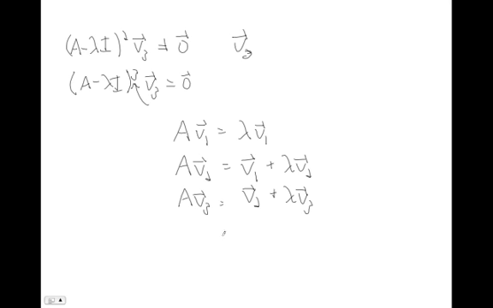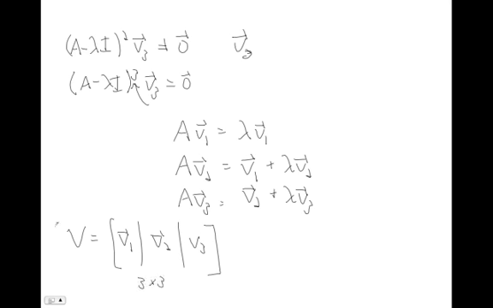So this is the set of governing equations, and it turns out that V1, V2, and V3 are linearly independent. So I can form this matrix V, which has V1 as the first column, V2 as the second column, V3 as the third column, like this, and V1, V2, and V3 are all linearly independent.